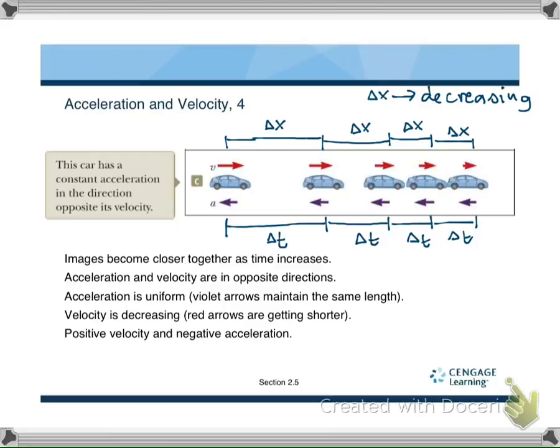Okay, so it means that the average velocity, which is equal to the delta x over delta t, is decreasing.